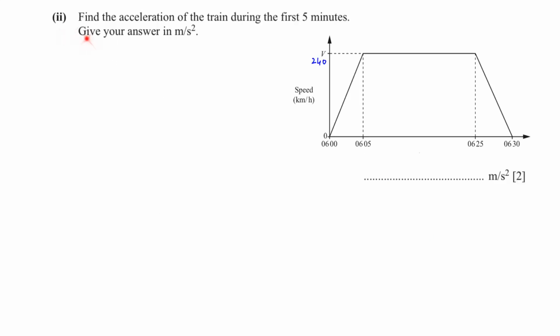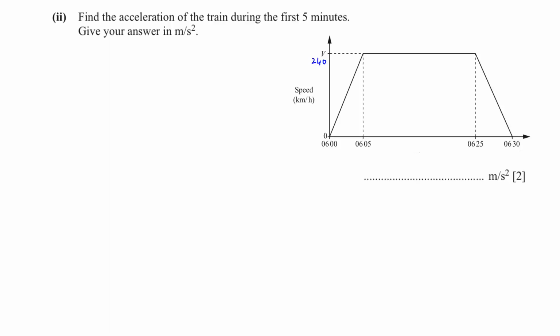Question number 2. Find the acceleration of the train during the first 5 minutes. Give your answer in meters per second squared. The units are very important here. We have speed in kilometers per hour, and time in minutes.